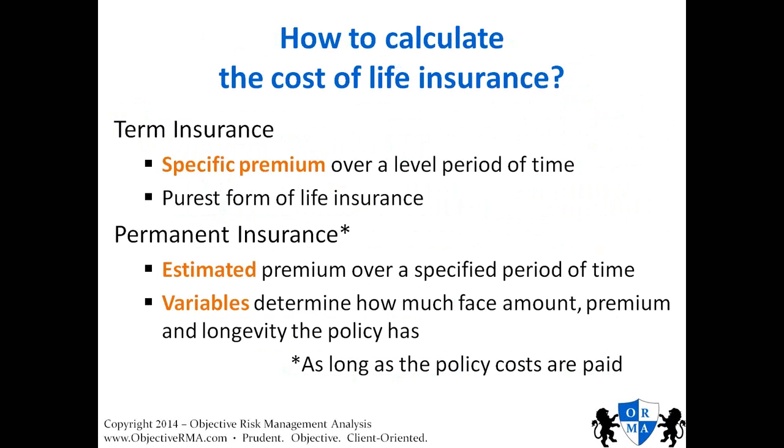The more complicated policies are the permanent insurance policies, and it's an estimated premium over a specified period of time. And I stress the word estimated premium because there are variables that determine how much face amount, premium, and longevity the policy has.